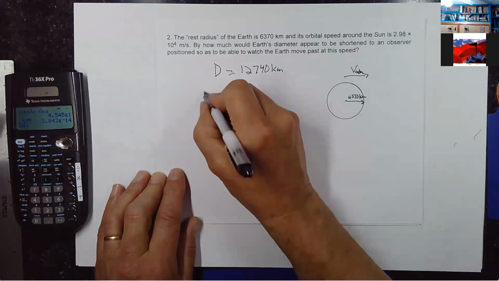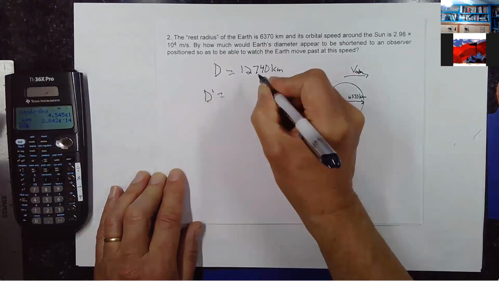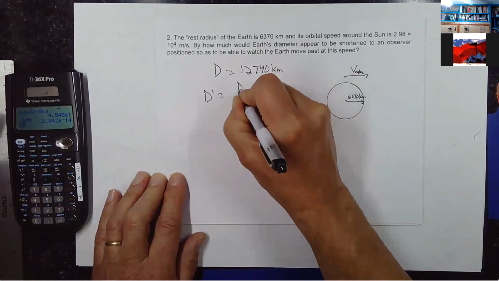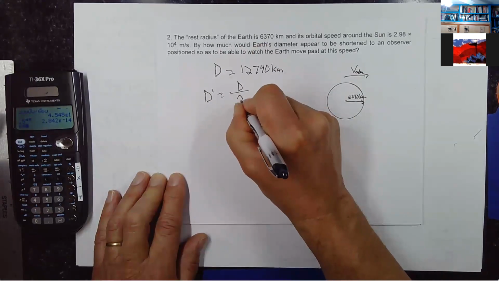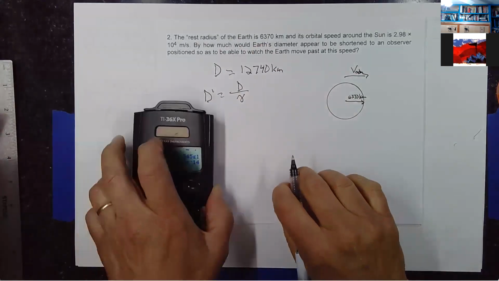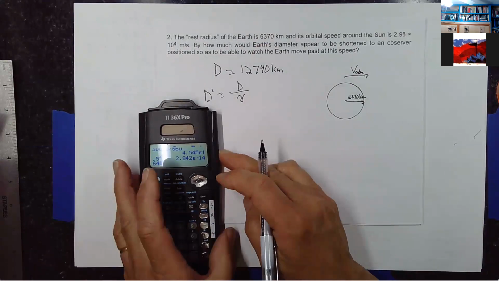Okay, well, let's see. The d prime is going to be that number divided by gamma. So let's see what gamma happens to be for this thing.